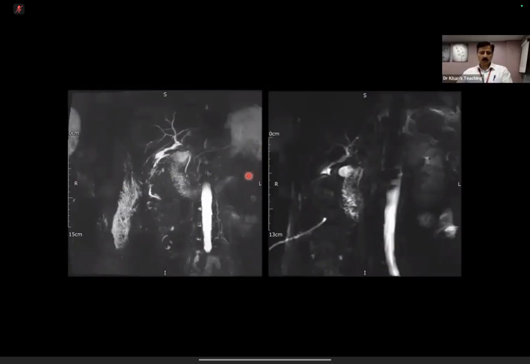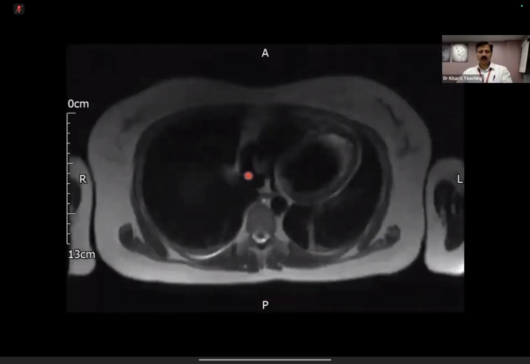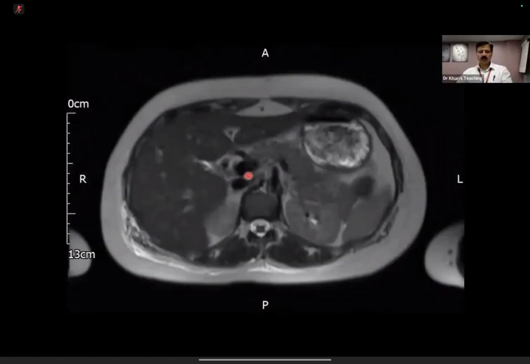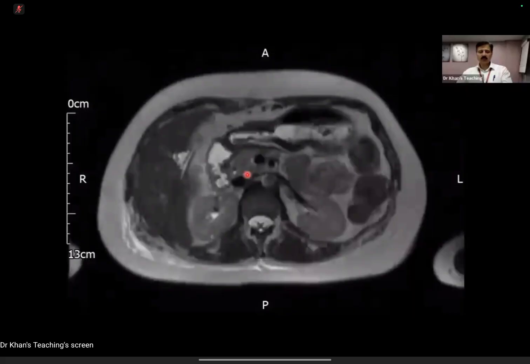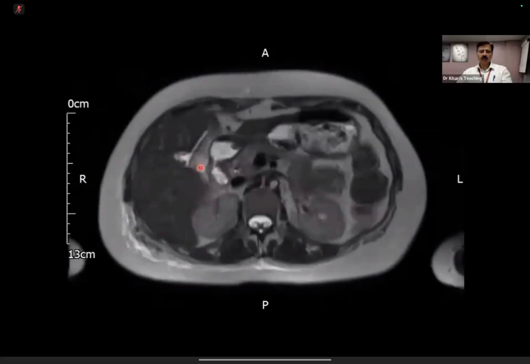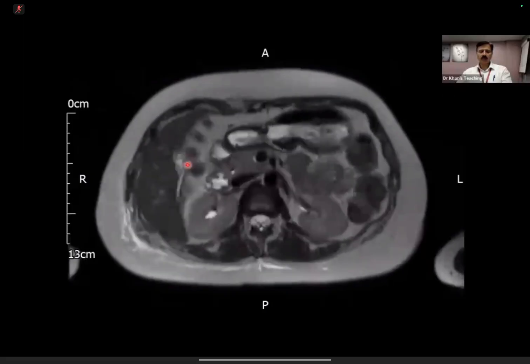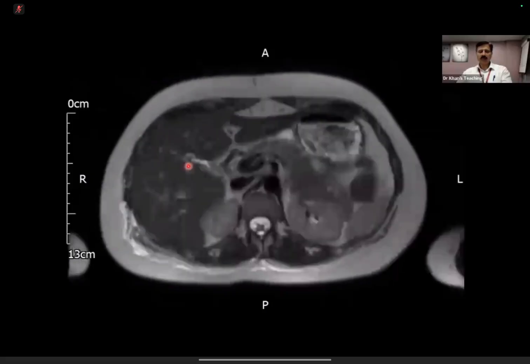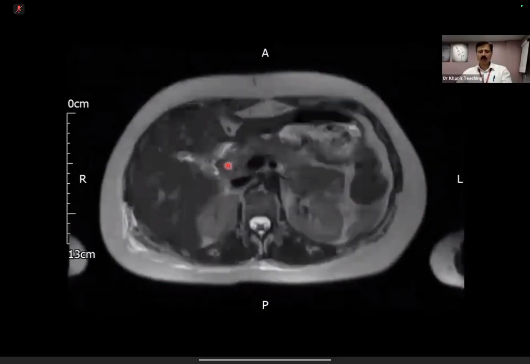So we did a hepatobiliary specific contrast MRCP. On a T2-weighted sequence, this was the anatomy. You can see this drain here. This is the gallbladder fossa. In this gallbladder fossa, there is a bit of fluid. So you don't know whether this fluid is active bile or not. This is the main point, right?